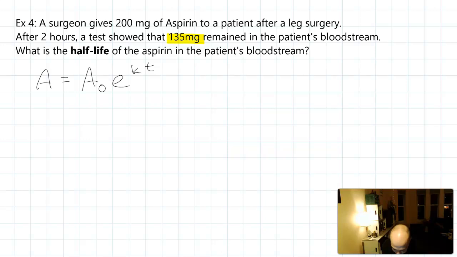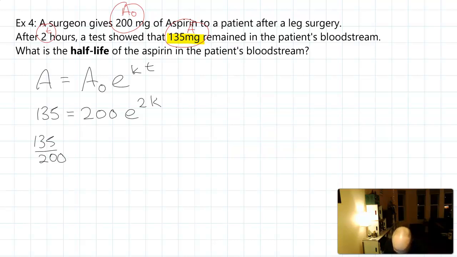In this case, 200 is going to be the initial amount, 2 hours will be the t, and 135 will be the final amount. Let's plug all that in. So we're going to solve for k. Divide by 200. Take natural log.